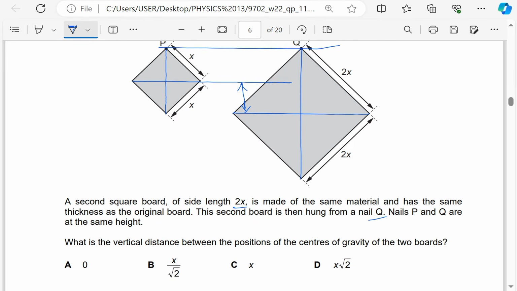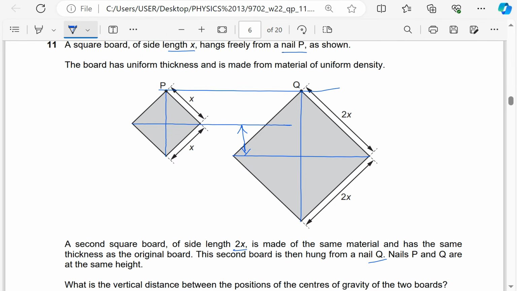Okay. So first of all, I will find this distance here. Let me just find the vertical distance of the center of gravity from the top, from point P. I'll call that distance D1. So this is a right angled triangle, so of course I'll just use Pythagoras theorem to find the diagonal and divide it by 2.